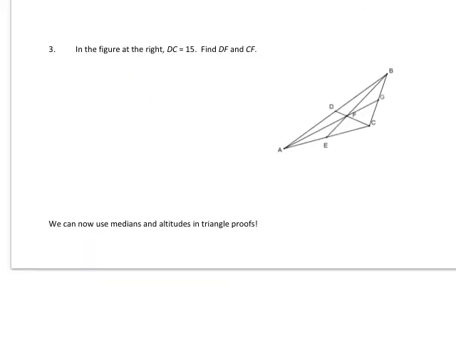Sometimes we're given the full length and we need to work backwards to find the segments. So in this example, we have DC is 15, and I need to break that up into a 2-to-1 ratio. Remember, if one side is x and the other side is 2x, that means they're all going to add up to 3x. So the total is equal to 3x. That means 3x is equal to 15.